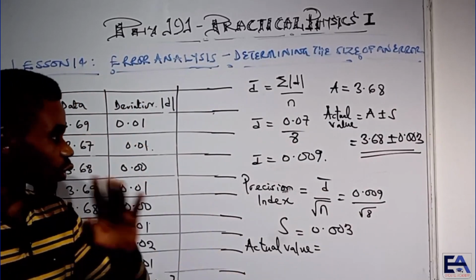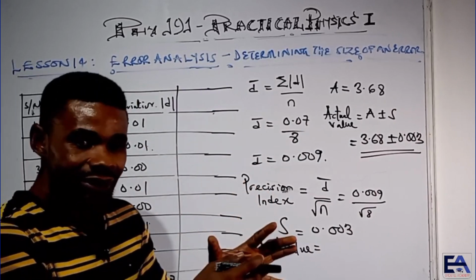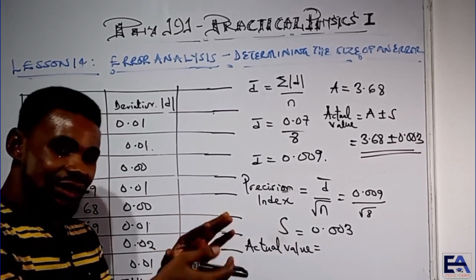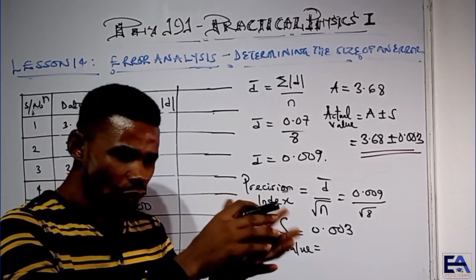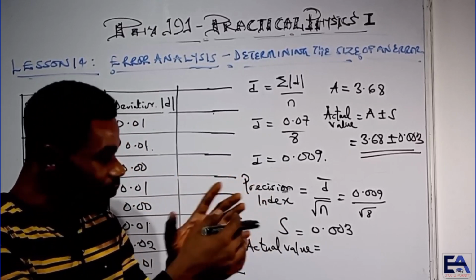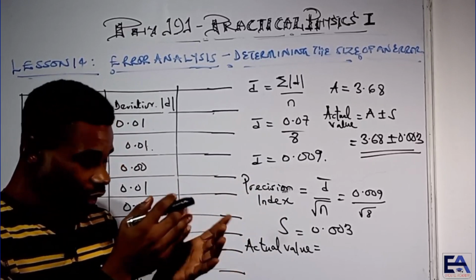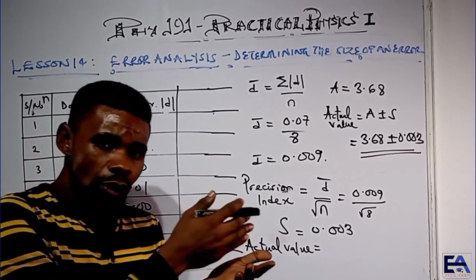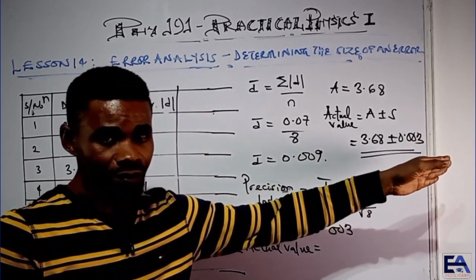The measurements that we took give 3.68. Then the error part of it, the range of error that we could have in the measurement due to precision issues, maybe because the value falls in between two minimum values, is 0.003.